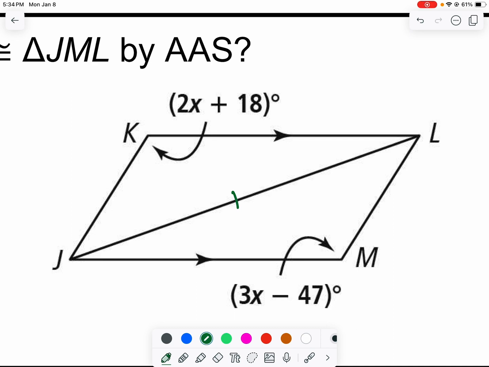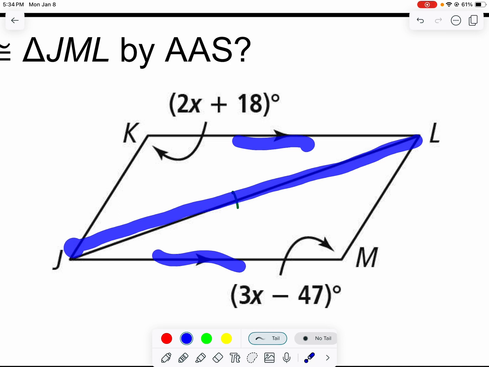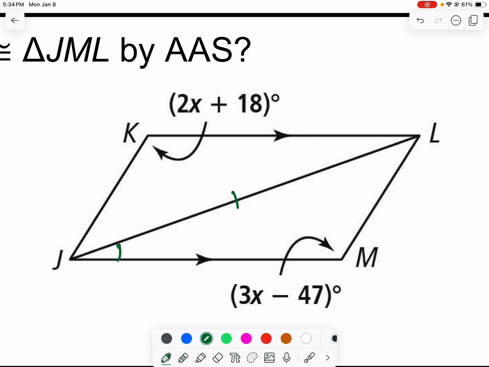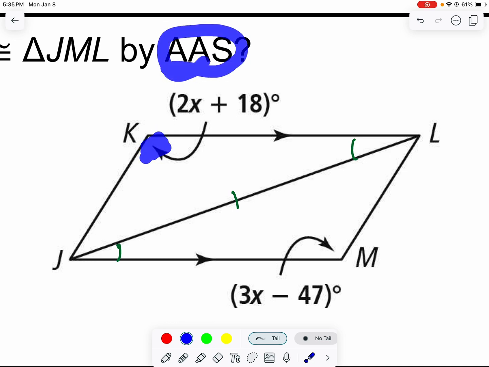They also have two parallel lines cut by this transversal, so we've got alternate interior angles that are congruent. So far we have an angle and a side. We need this angle to work, because that would give us angle, angle, side. So this needs to be congruent to that.